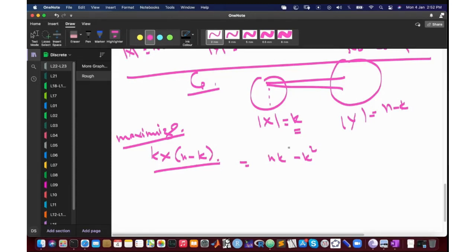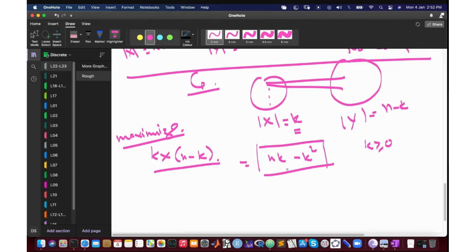So this is a calculus problem: you have a polynomial and you want to maximize its value for all possible values of k, with k at least non-negative, right?